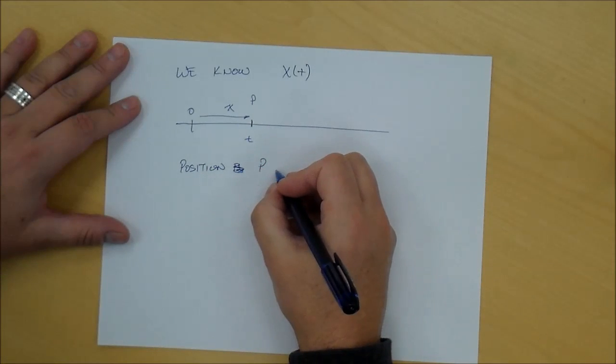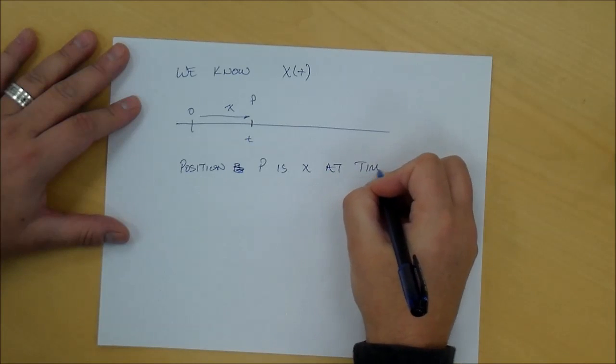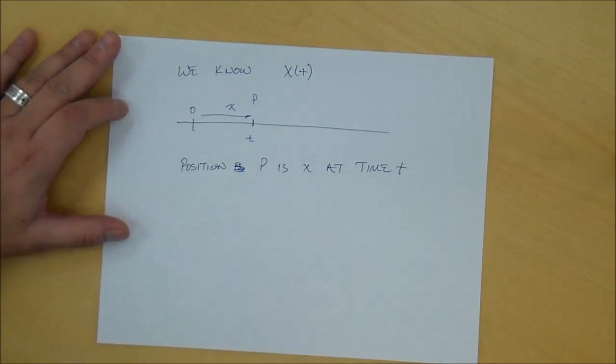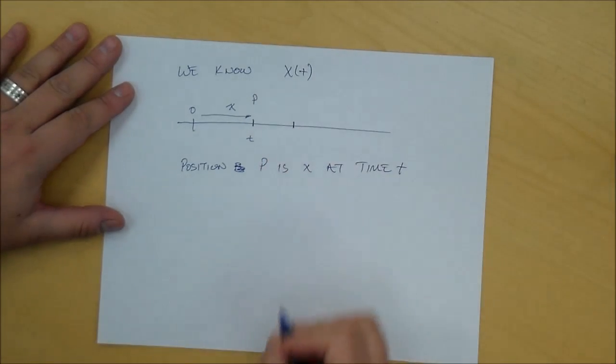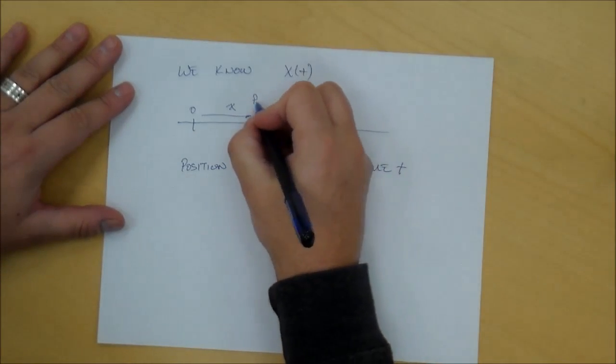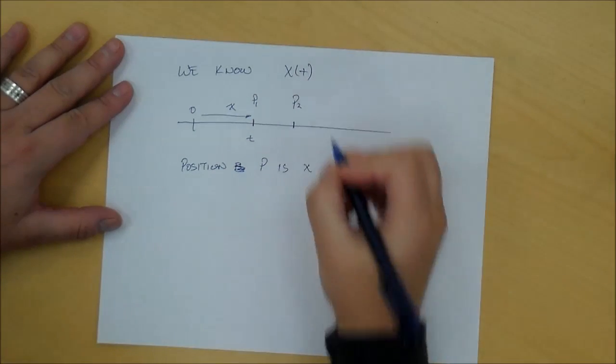So position P is x at time t. Now suppose that some time later, the particle is, let me subscript the P as a P1. So initially it's at P1. Sometime later it's at position P2.